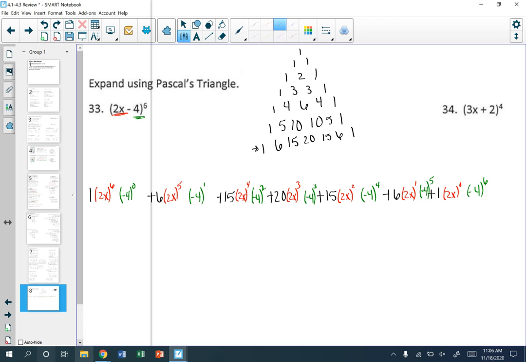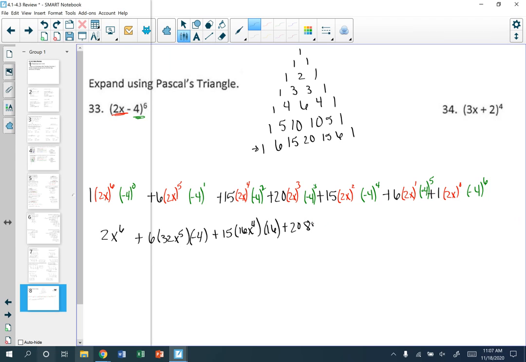Okay, so I get 2x to the 6th plus 6 times 2 to the 5th is 32 times negative 4. Plus 15 times 2 to the 4th is 16 x to the 4th. And negative 4 squared is positive 16.